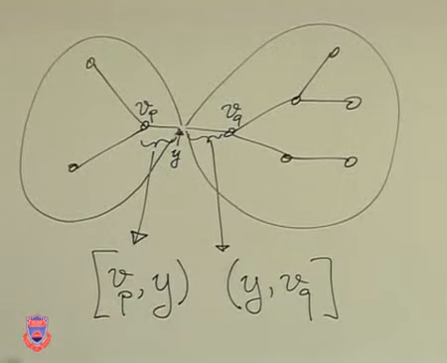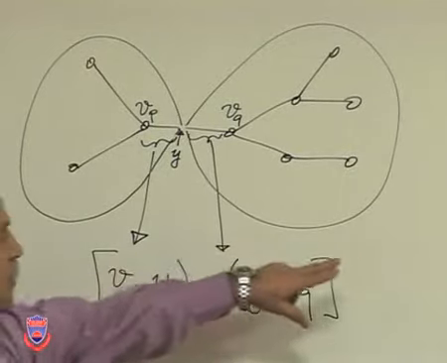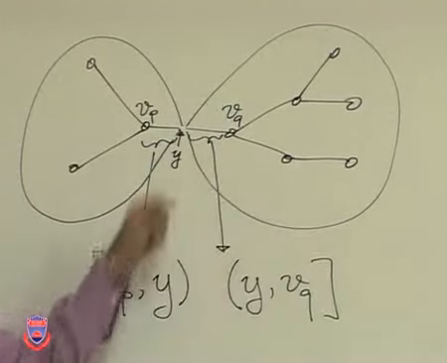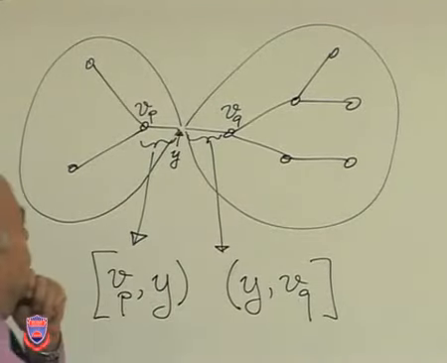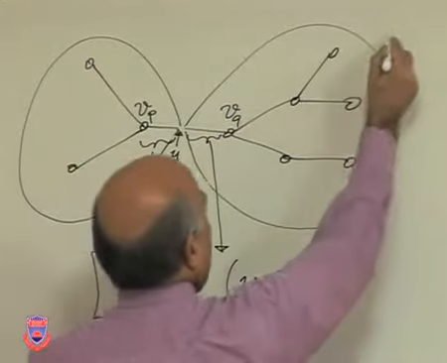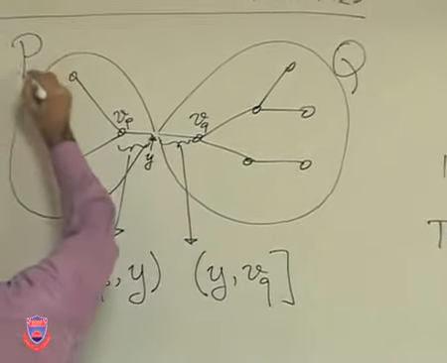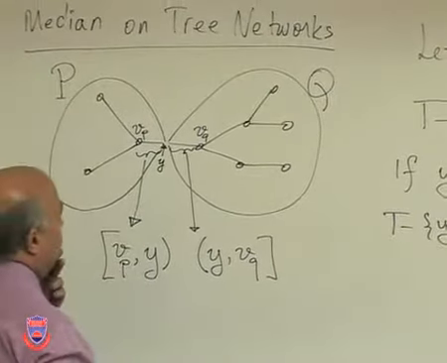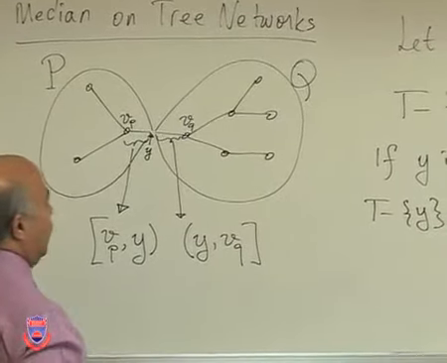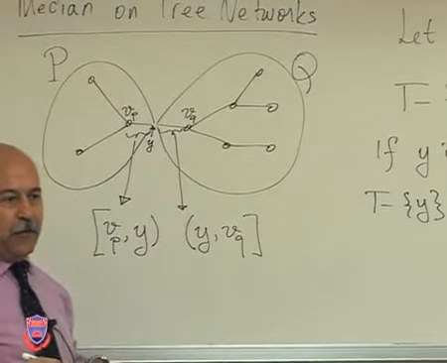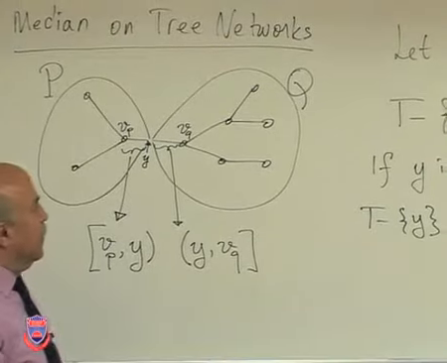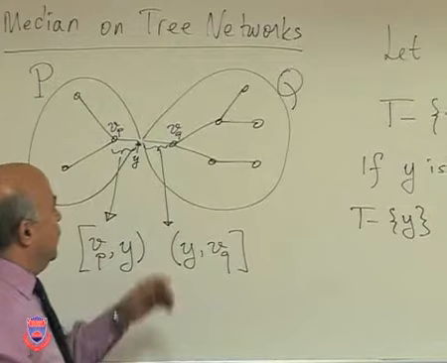Now, let's focus on this situation first, where y is an interior point. Here, let me again call this the side Q, and let's call this the side P. Okay, I think last time I called them I sub P and I sub Q. It doesn't really matter.